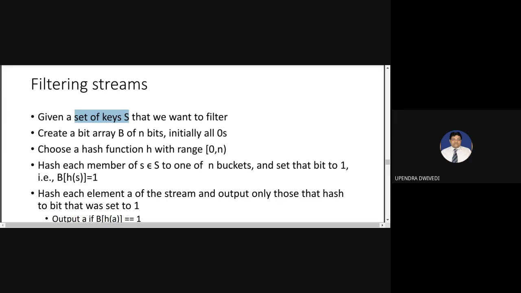So you have to do it instantly. Now the second step in this approach is we can create a bit array B of n bits, where initially all will be zero.